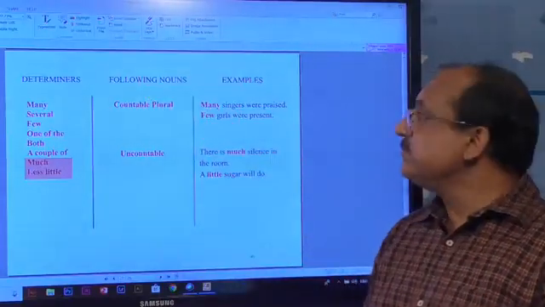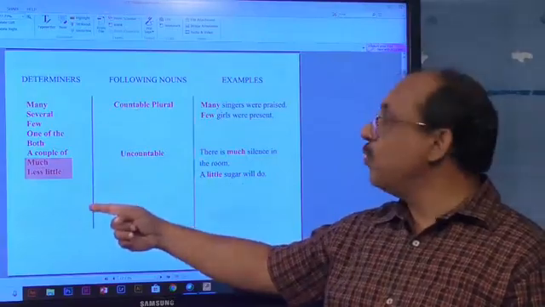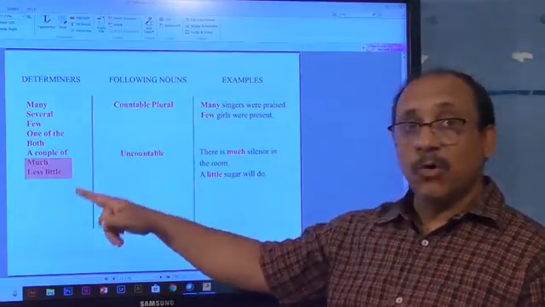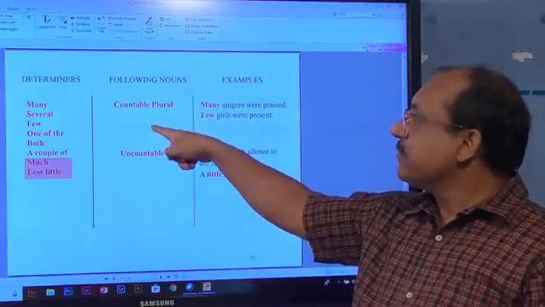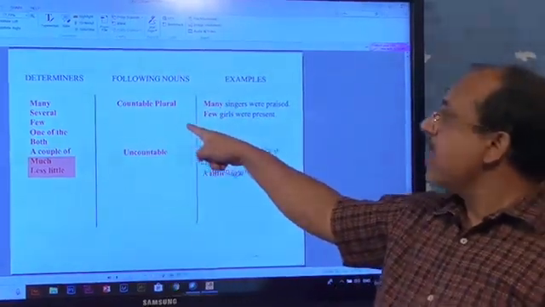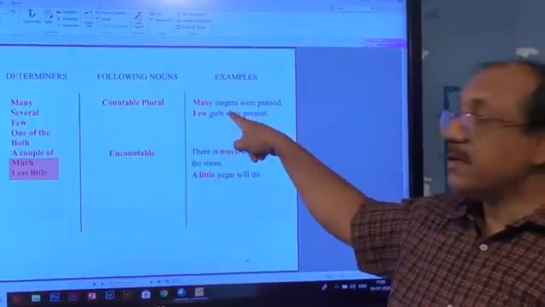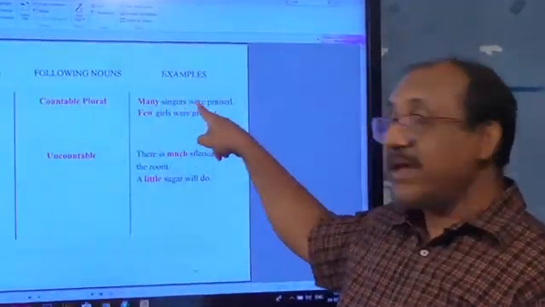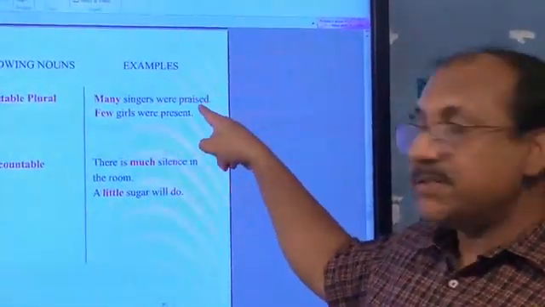More determiners for you: many, several, few, one of the, both, a couple of. These words are used before countable plural nouns. You see singers, plural. We can count it. So many singers, countable, plural. Many singers were praised.